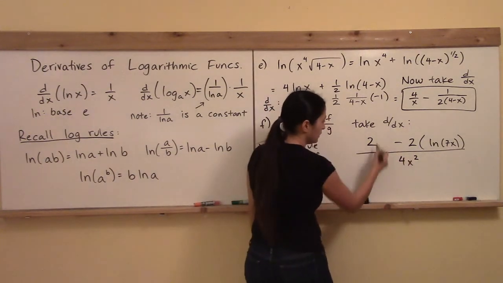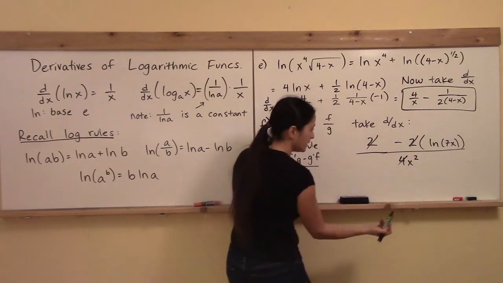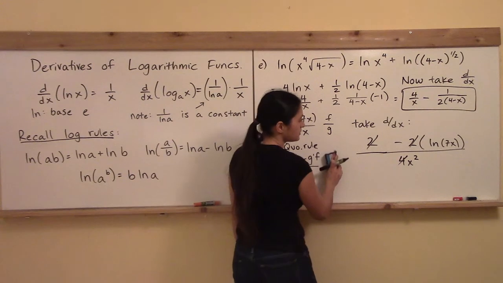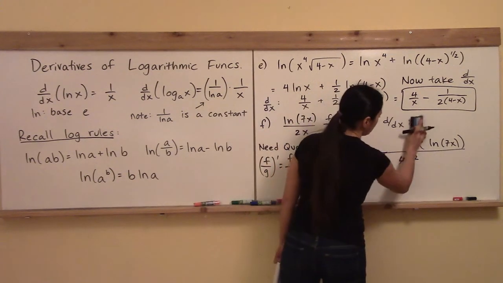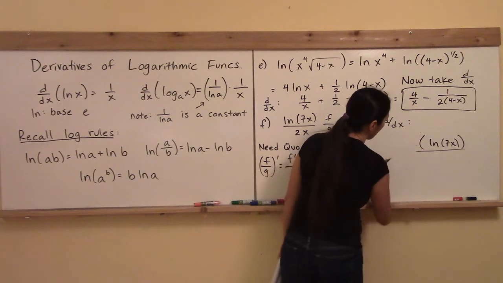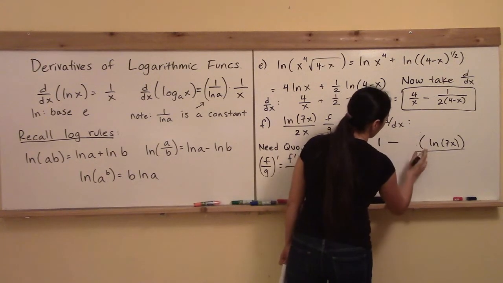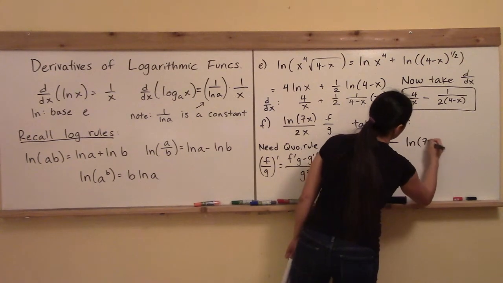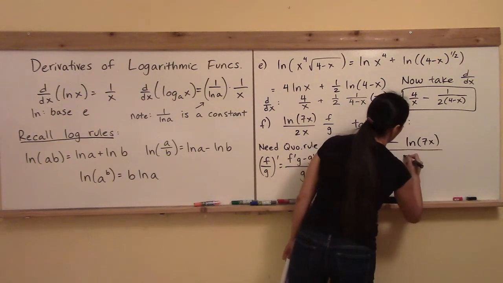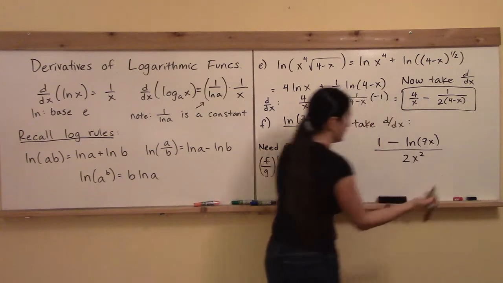There's 2 2's up here, and there's a 4 right there. So really, the simplified form of it is that that 2 cancels, that 2 cancels, and the 4 on the bottom becomes a 2. So I have 1 minus log of 7x divided by 2 times x squared.